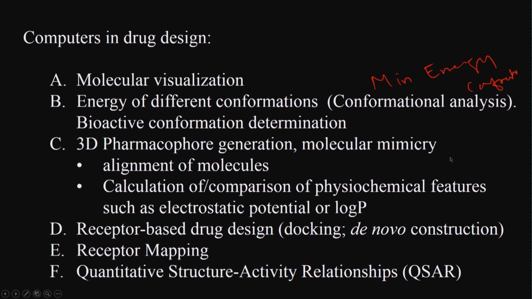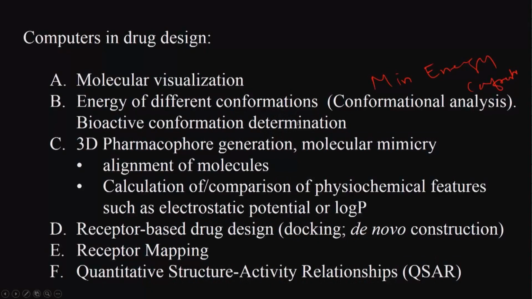Then we can do molecular mimicry. We can align molecules. Suppose there are 20 molecules which have shown good activity, we can align them together and then see what the similarity is. We can compare their physico-chemical features such as electrostatic potential, polar surface area, and so on.